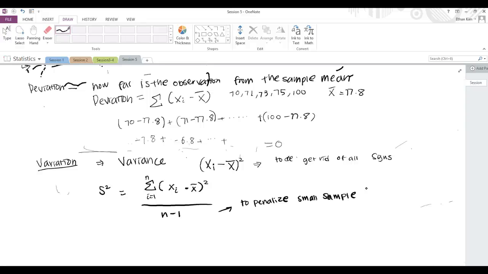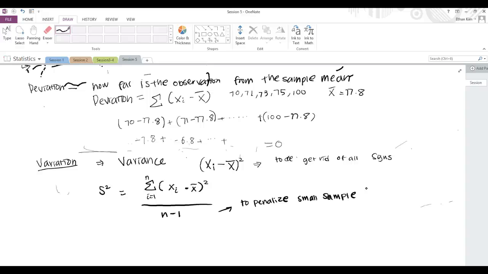So, for example, we're looking at the average income in the neighborhood, and say we pick out 5 people and ask them about their income. It's not really fair for the whole neighborhood. If you're just sampling 5 people, they might be the 5 richest people in that neighborhood, or the 5 poorest.